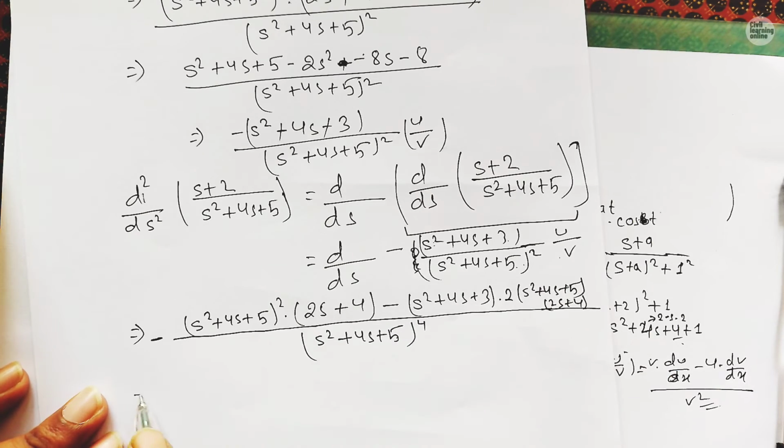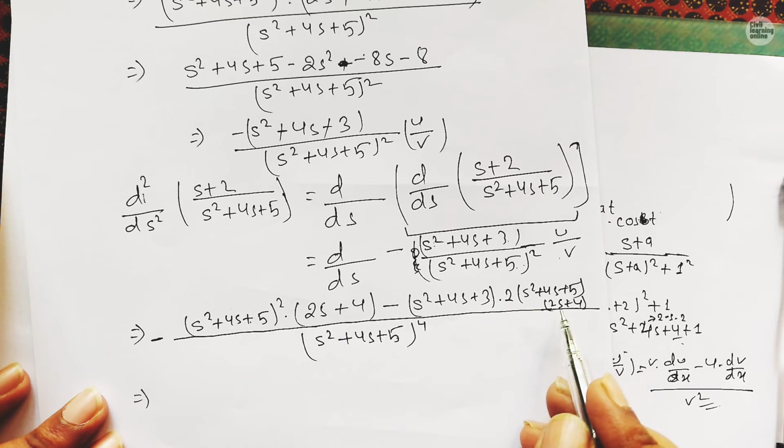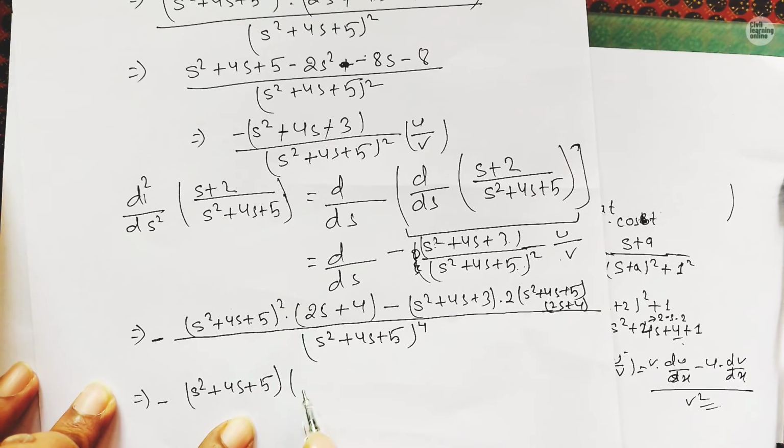Now take common: we have s square plus 4s plus 5 and 2s plus 4 common, so we will take them common here. So minus (s square plus 4s plus 5) is common in both.